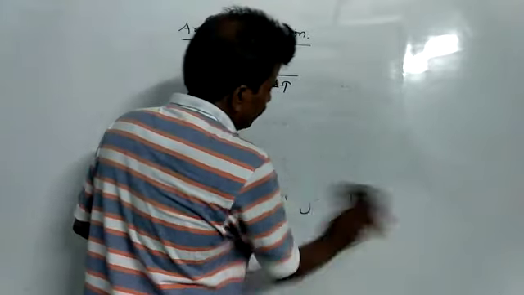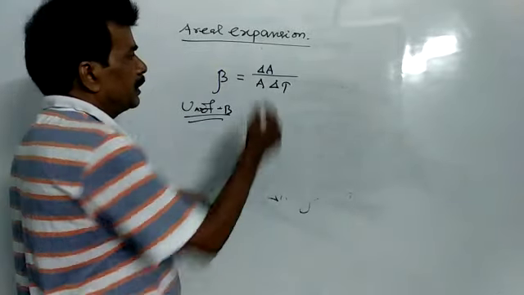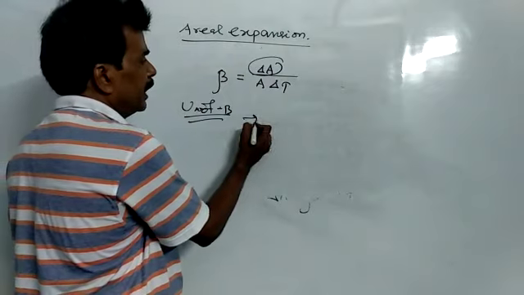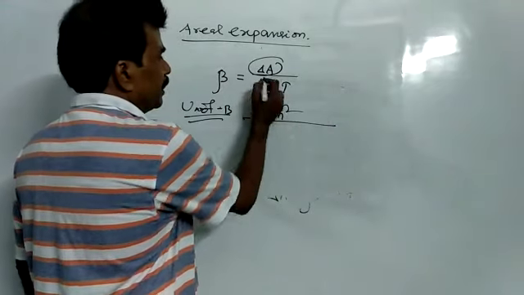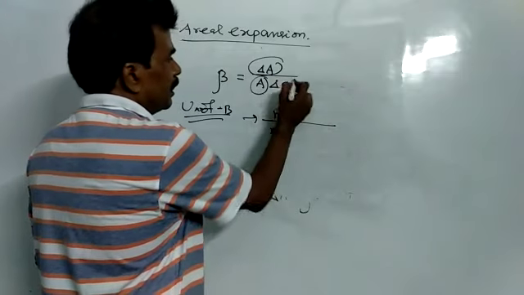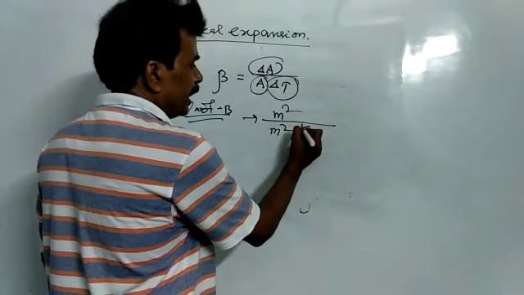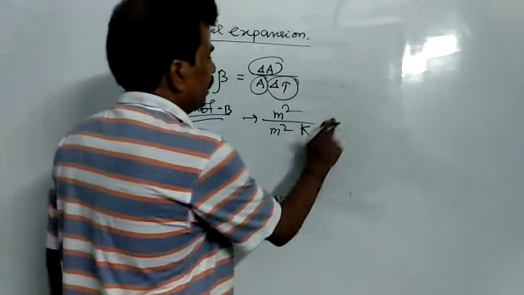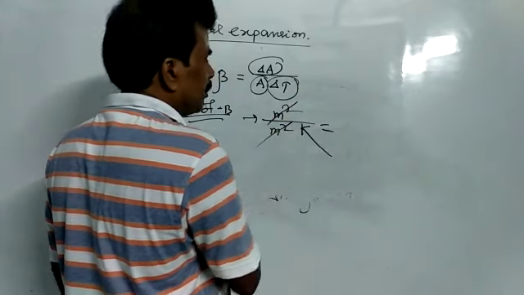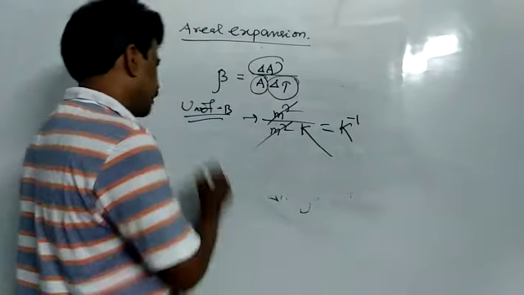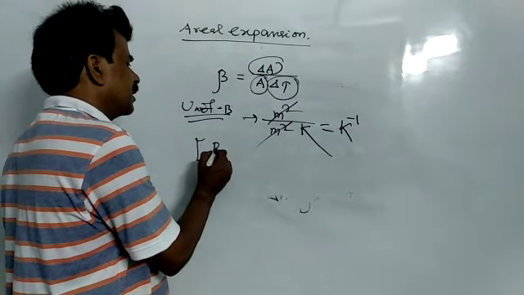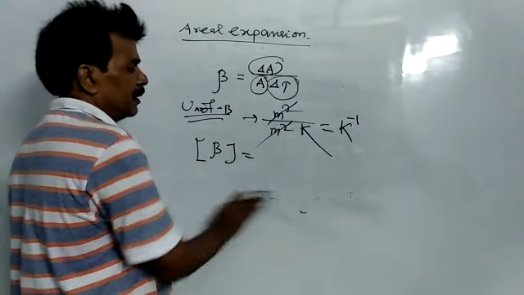So what is the unit of area? Area is meter square, divided by this area, meter square. The temperature difference is in Kelvin. So here this meter square is cancelled, and you can write this is Kelvin inverse. Similarly, for the dimension of beta, you get the same thing.